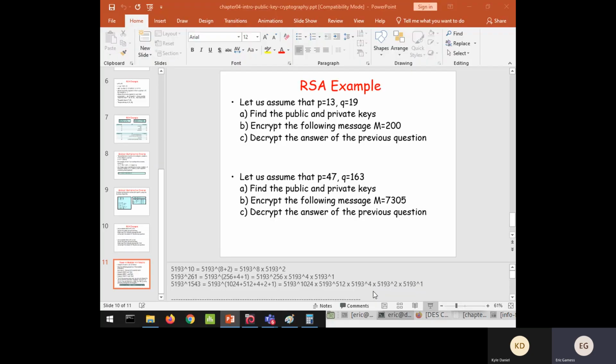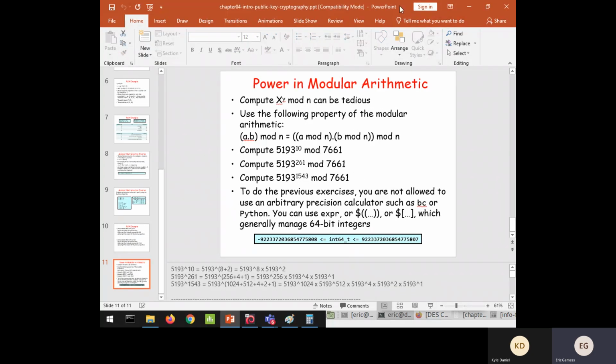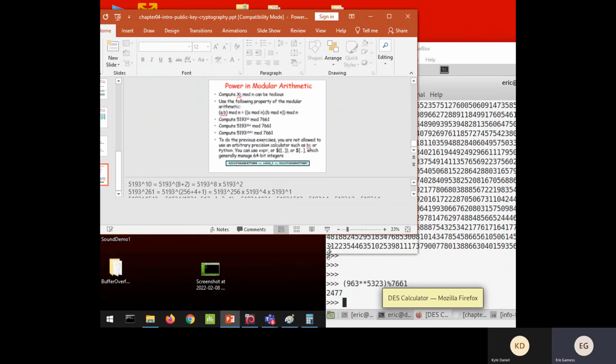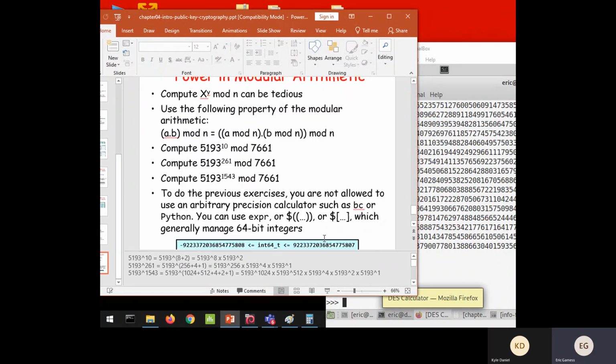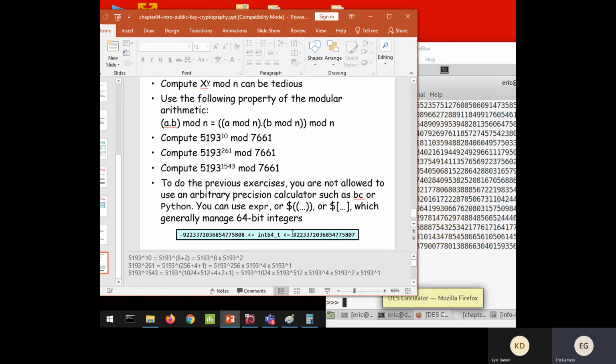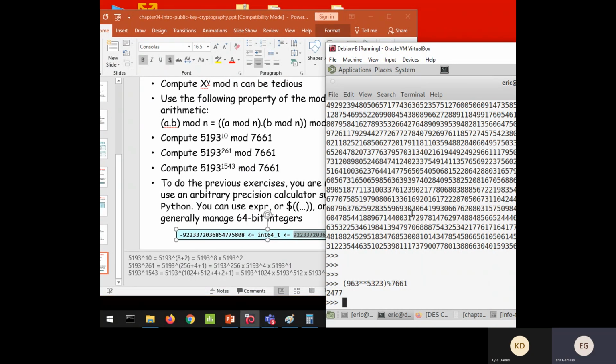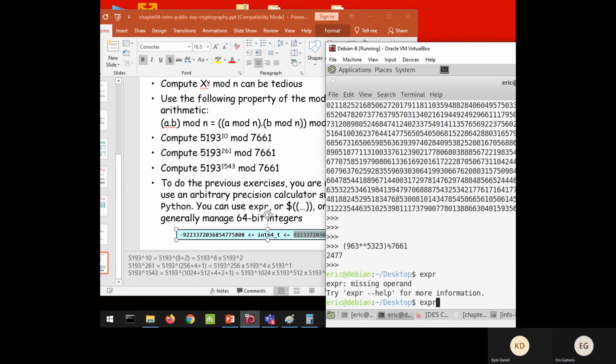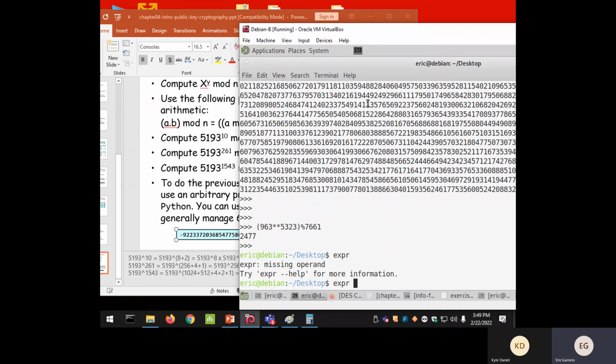I can even show you, for example, that EXPR is limited to that. If we try bigger integers, EXPR will not like them. So let me copy this integer and call EXPR, for example, doing this integer plus 1.